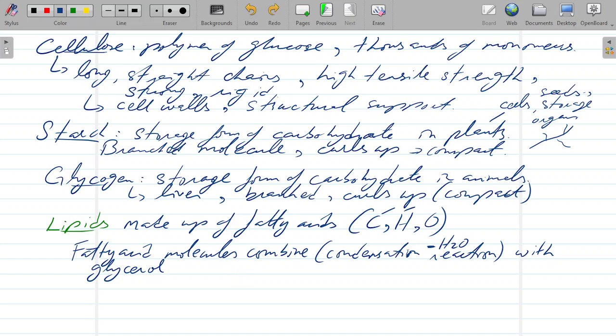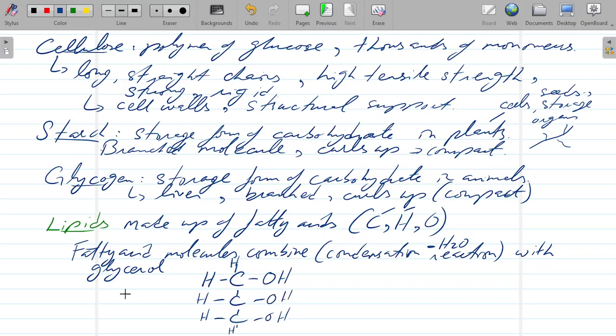A glycerol molecule has three carbons. It has hydrogens here and here. This one has one hydrogen, and then one here, and then one down here, which you could barely see, and then it's actually an OH.